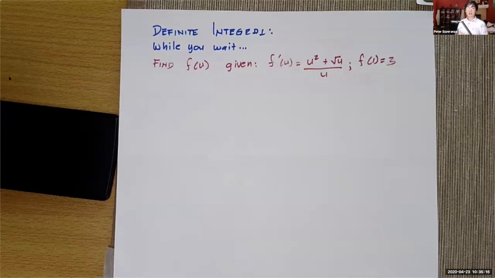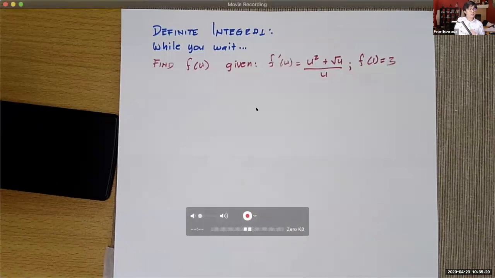There is a value of a constant that you need to be able to find. So since you've got time answering this, can you please type in the constant that you found from this problem?